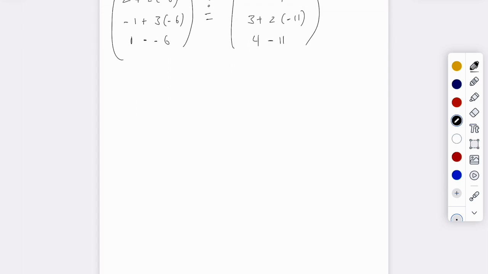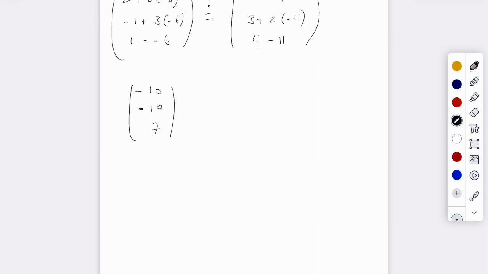Okay, so what does this mean? What we get is 2 minus 12, which is going to equal -10. Negative 1 minus 18, -19.